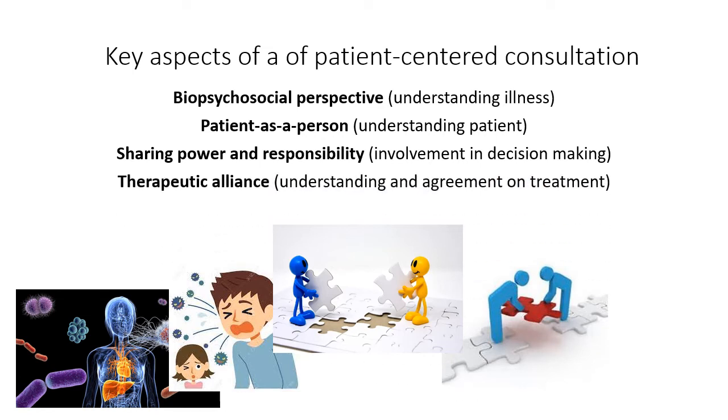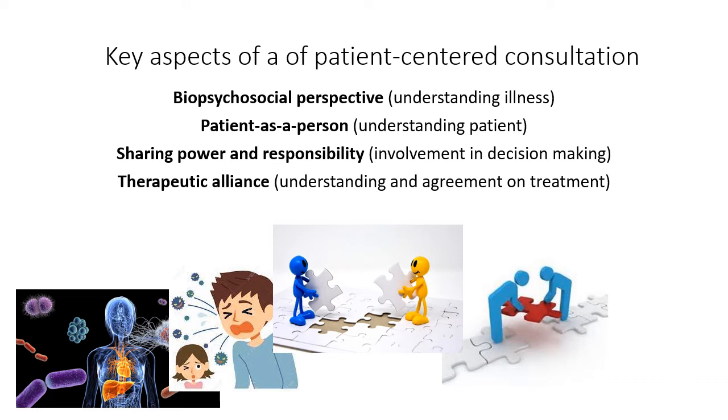After making the decision, the patient is more educated regarding his illness and the required treatment, and the therapeutic alliance can be established. This therapeutic alliance is established by understanding and agreement on the treatment.